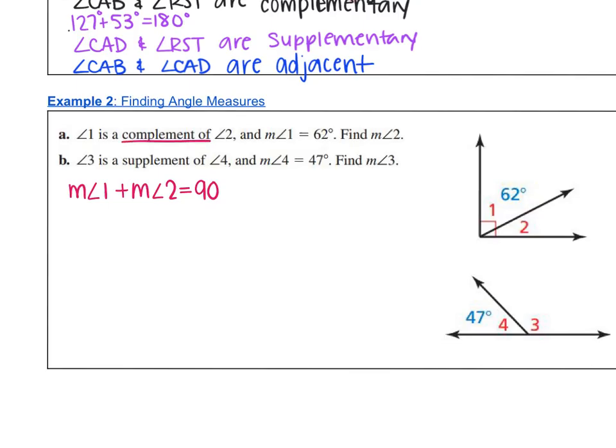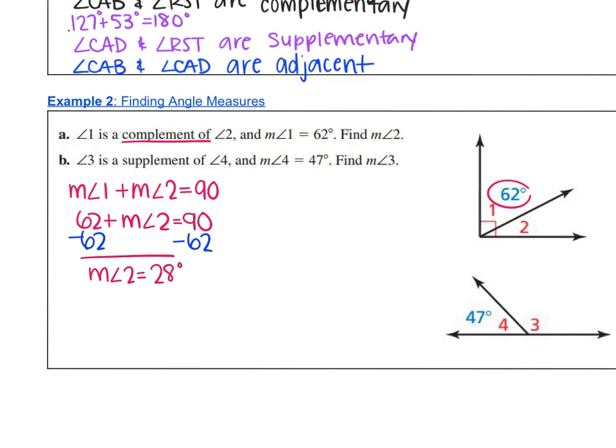I know the measure of angle 1 is 62, so let's fill that in, and we have a little equation: 62 plus the measure of angle 2 equals 90. You can solve this by subtracting 62 on both sides, and we'll get that the measure of angle 2 is 28 degrees. You might even have been able to do that in your head, because if we know these two add up to 90, we just have to subtract 62 from 90.